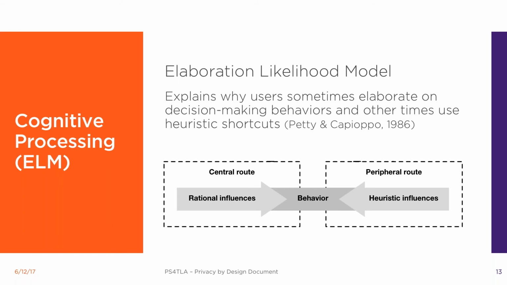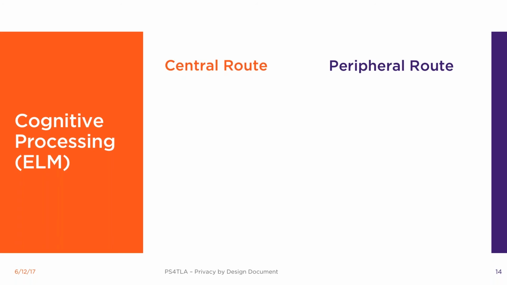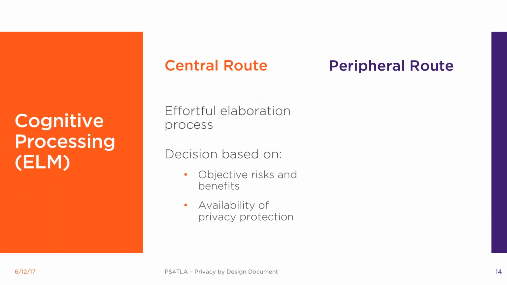So when we do central route processing, we really make an effort to understand the true risks and benefits of disclosure. So a good privacy protection mechanism in that case can really sway people who are in the central route to disclose their information more. In this case, it's important to make the system more private, because if the system behaves trustworthy, people will be more likely to disclose if they're in the central route.